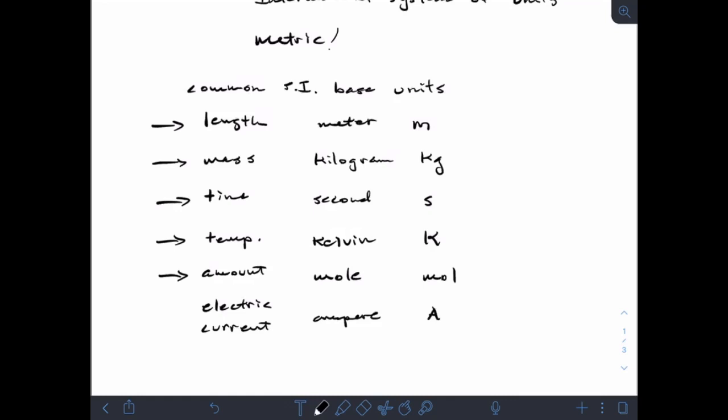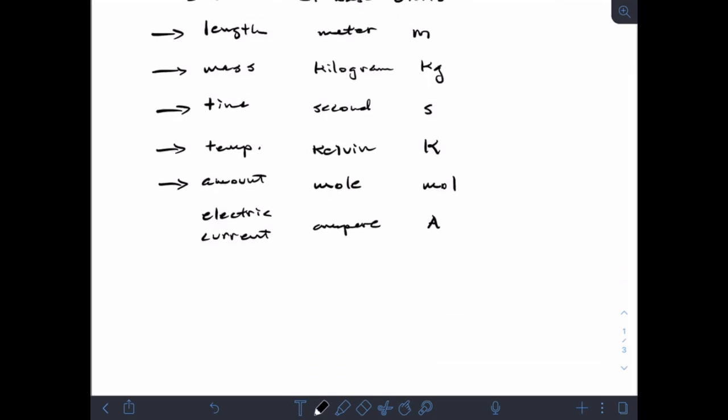I guess everything but the electric current. But anyways, because everything's metric, we have prefixes. Prefixes tell you how much to multiply the base quantity by.